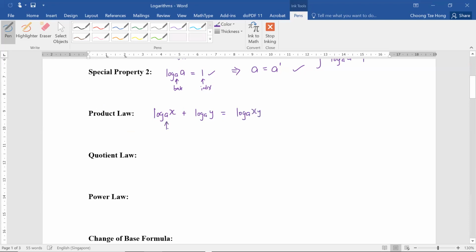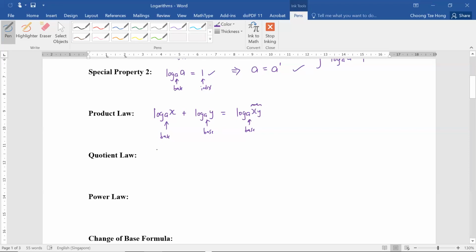One thing to note, to apply the laws of logarithm, the base will have to be the same. In this case, both are base a, and once you combine, it's still base a. Alright. They call it the product law because over here you have x times y.